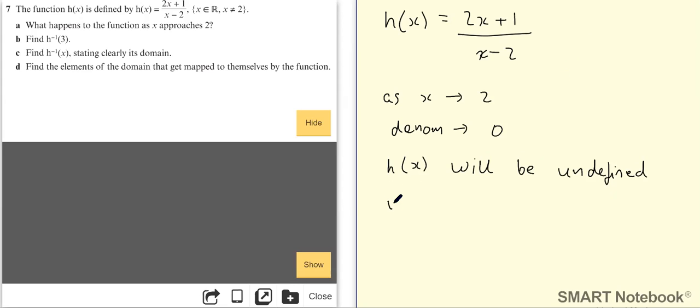So there's going to be a vertical asymptote at x equals 2. And that's one way of figuring out where your asymptote is going to go. Make the denominator equal to 0.